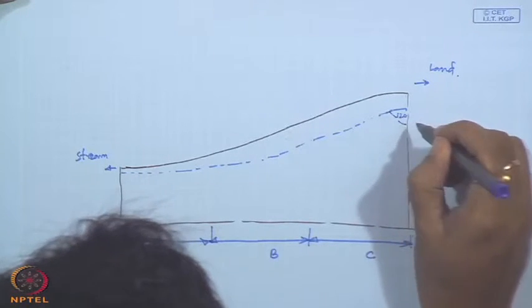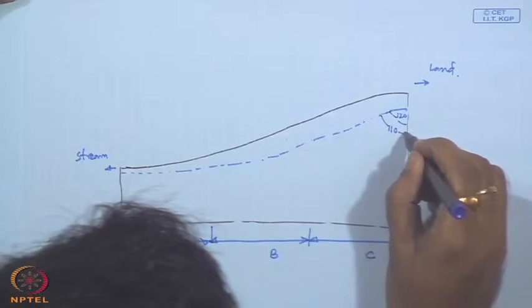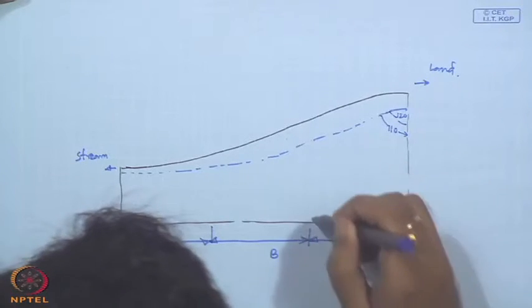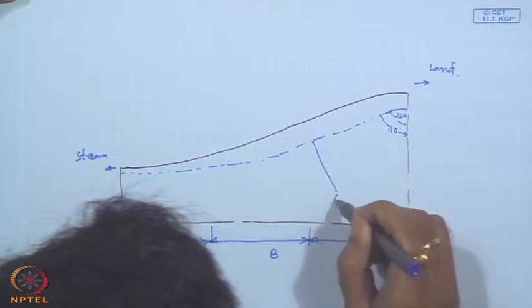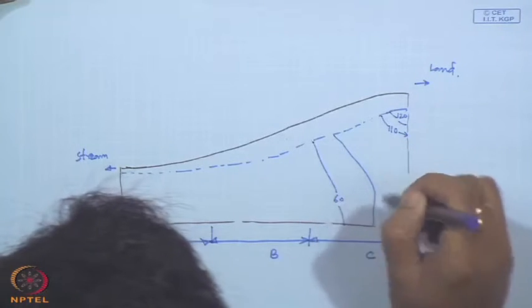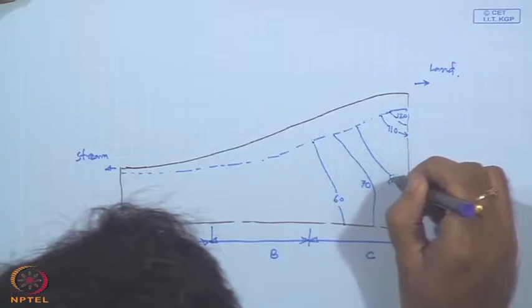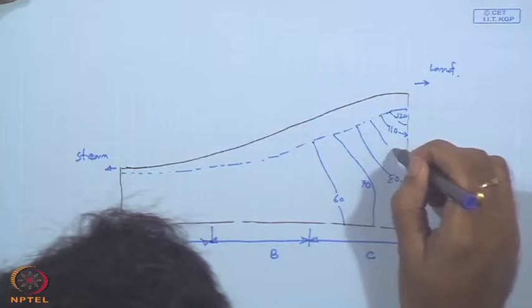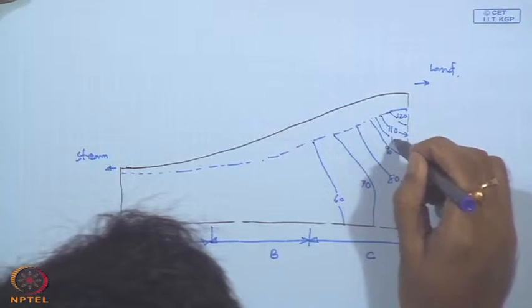Let us say this is 120, this is 110, and this is near that 60, again some 70, 80, this is 90, then 100.